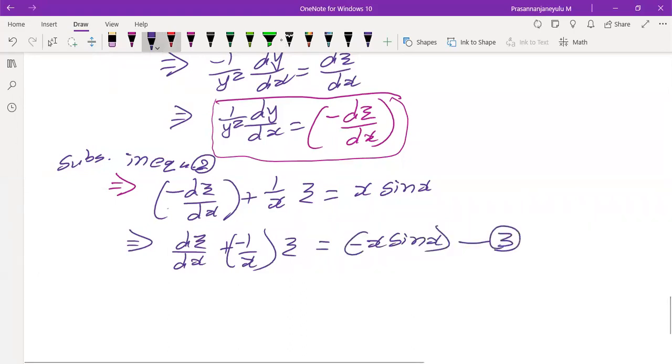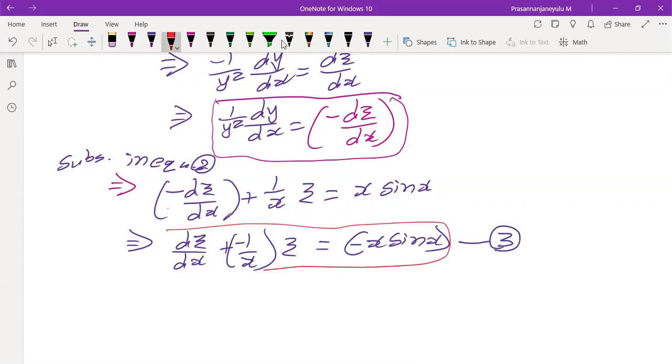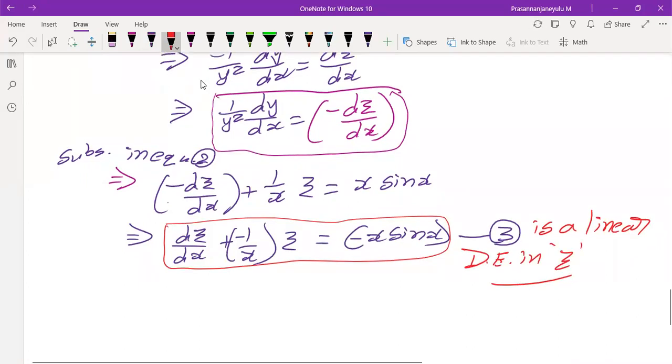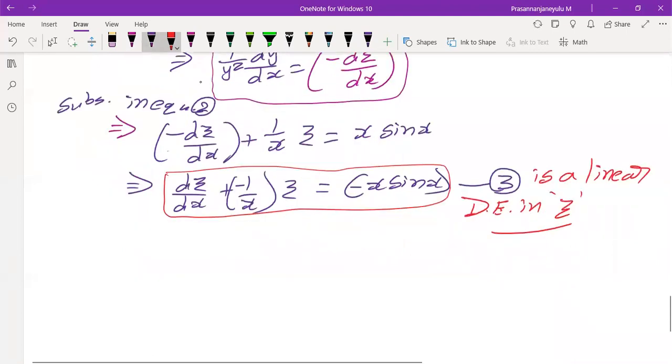Now, check it. What is equation number 3? How does it look? It is a linear differential equation in Z variable. So now we got a linear differential equation in Z. So what do we have to do?